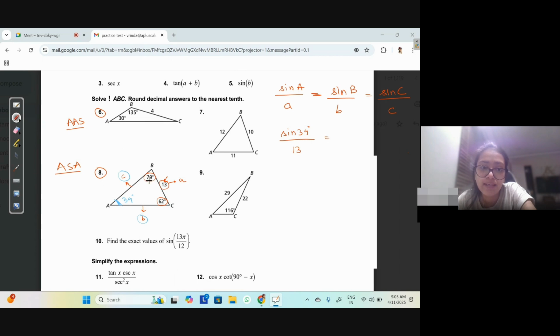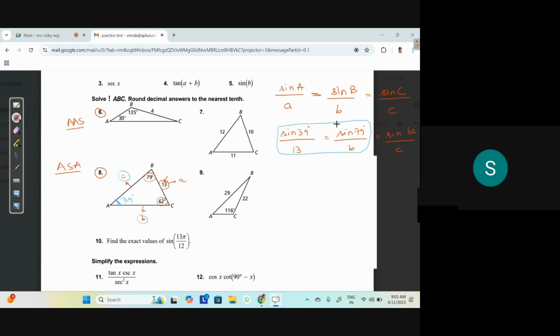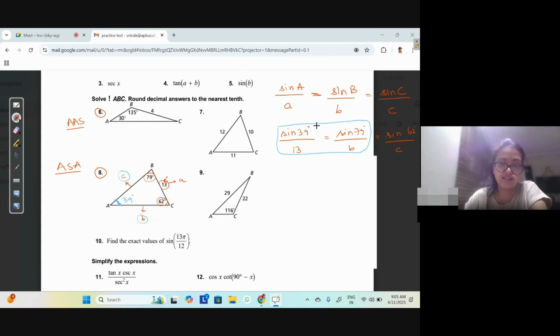Sine of angle B, that means sine of 79 over small b, we don't know. And sine of angle C is 62 over small c. So first you pick up these two ratios and do the cross multiplication, and you'll get the value of B. You can use calculator to find out sine 39, sine 79. And you can pick up this and this ratio. And again, cross multiply and use calculator and you'll get the value of C.